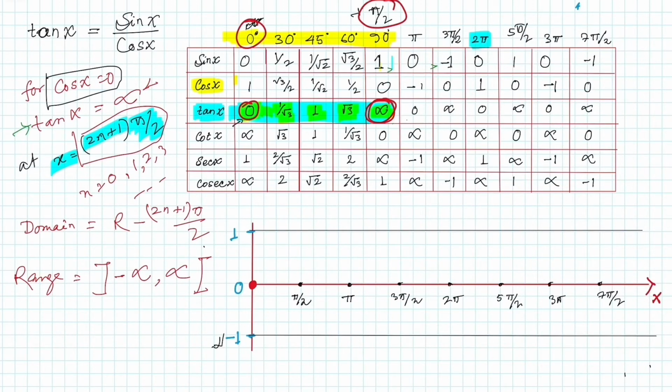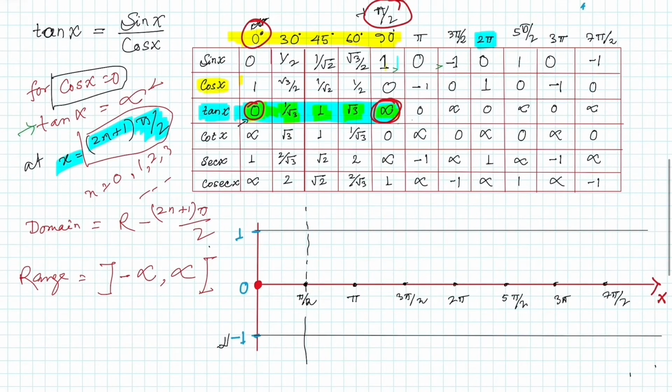So at pi by 2 it is infinity, so the graph will be increasing like this at this point. This is pi by 2, and the graph will be increasing like this, and these two are not going to touch. Okay, so it's going to be increasing like this.